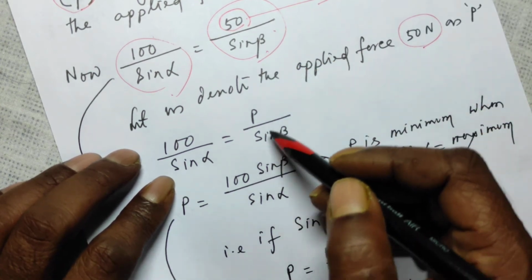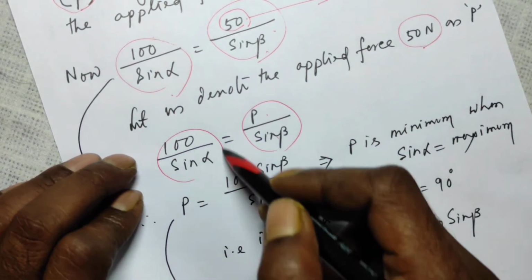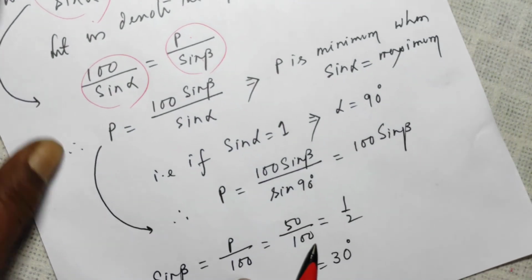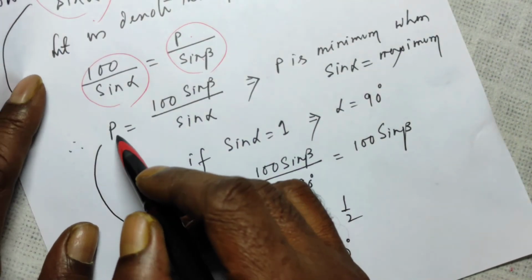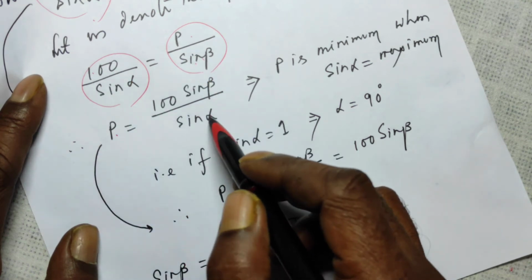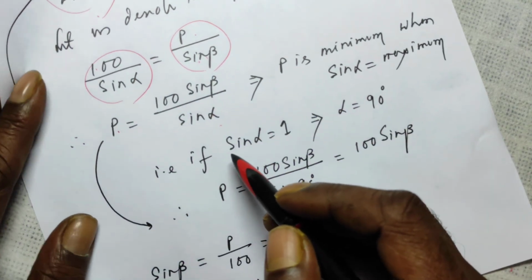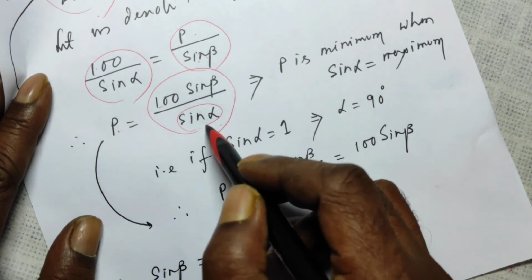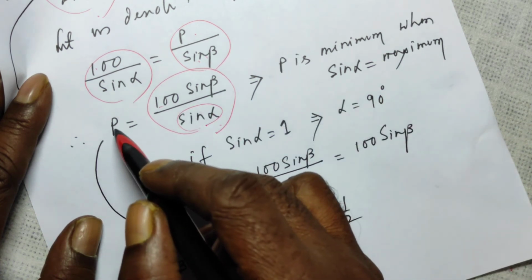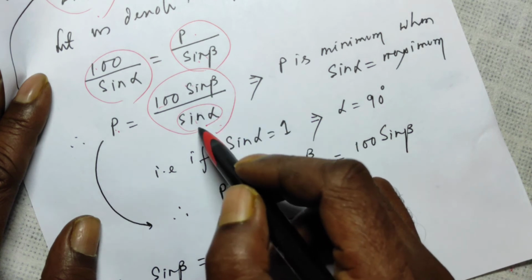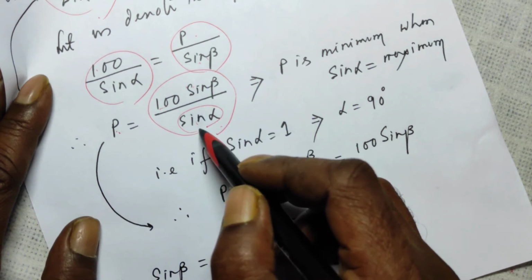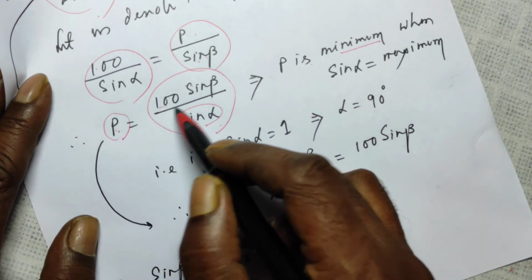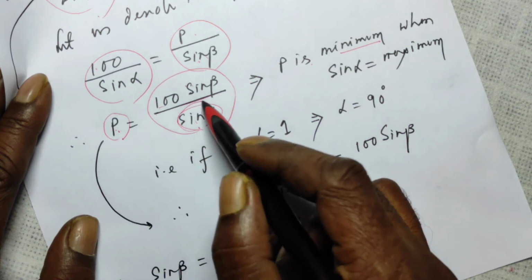So this can be written as P over sine beta is 100 over sine alpha. Now if you cross multiply, you get P equal to 100 sine beta over sine alpha. Now look at this, it is a fraction. This is the numerator, this is the denominator. So P is given as a fraction. P will be minimum if the denominator is maximum.